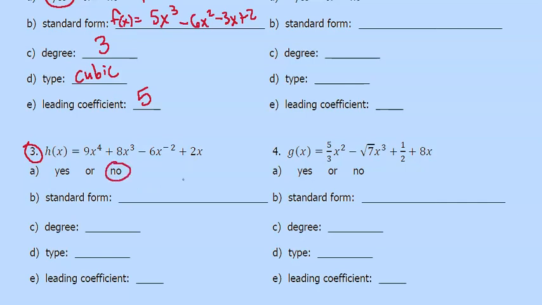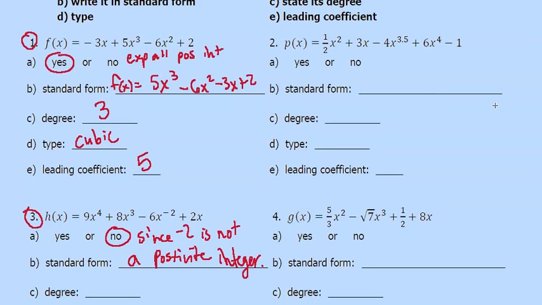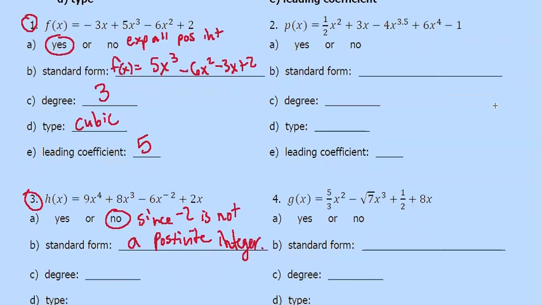This is not a polynomial, since negative 2 is not a positive integer. Now do numbers 2 and 4 yourself.